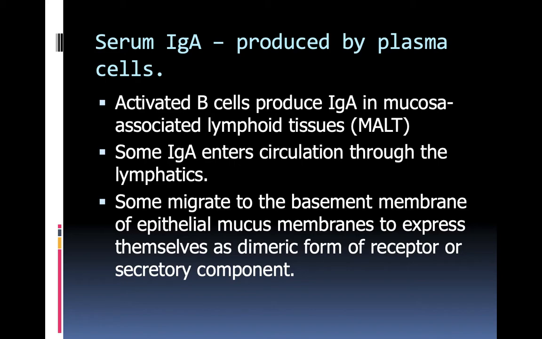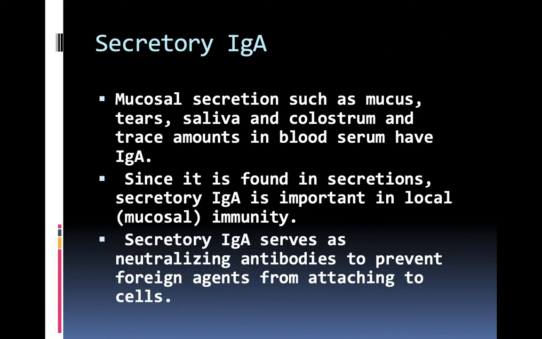Okay, the secretory IgA: mucosal secretions such as mucus, tears, saliva, colostrum, and the blood of a mother, no? They all possess trace amounts of serum IgA.